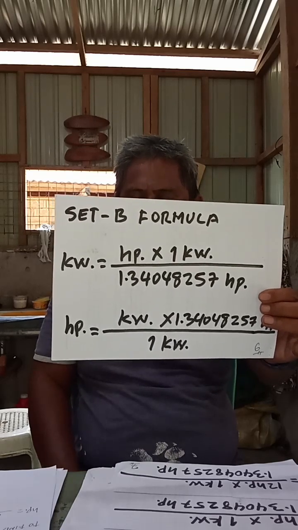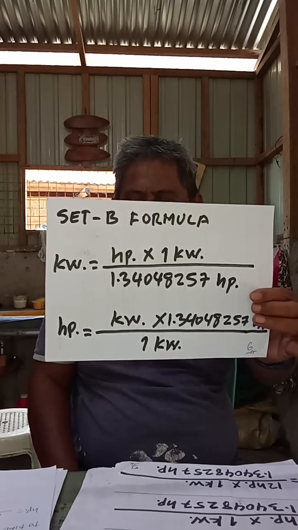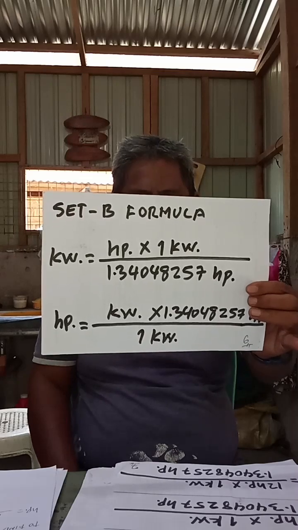Then to find horsepower is kilowatt times 1.340482574 horsepower over 1 kilowatt.